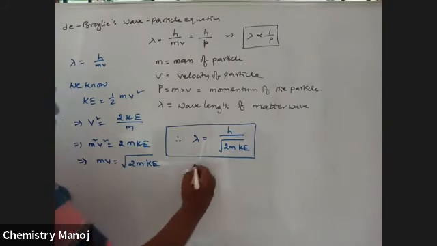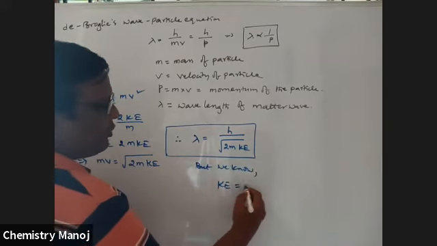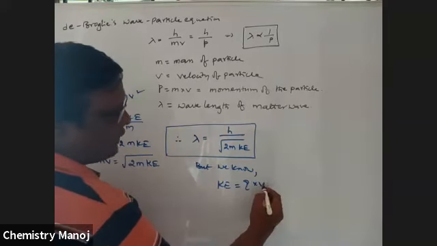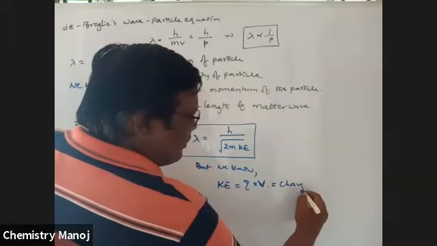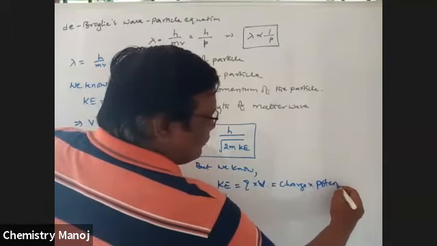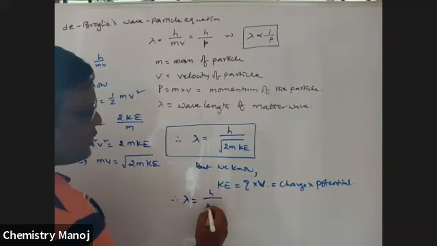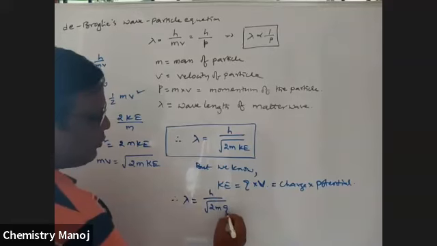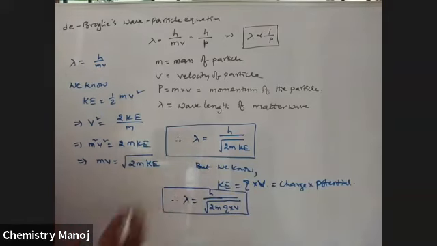But we know KE is equal to q into V, where V is the potential difference, not voltage, and not velocity. Charge into potential is kinetic energy. Substituting, lambda is equal to h by under root 2m q V, if a charged particle is in motion.